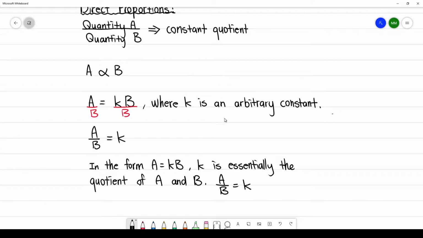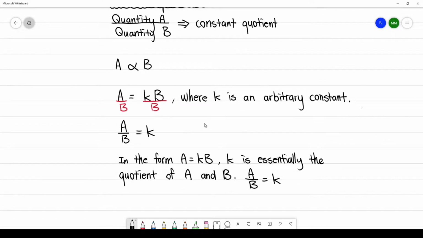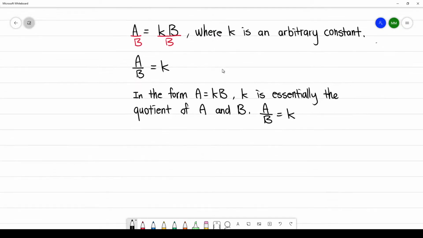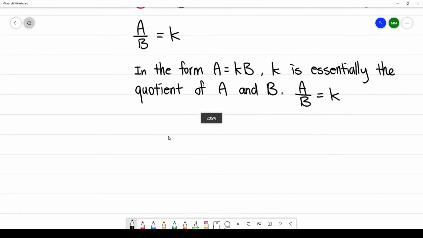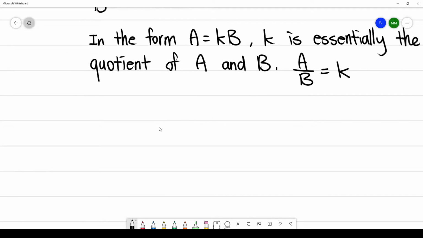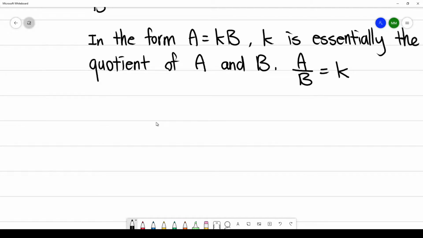So even though you just saw a new way to represent direct proportion, what it means is the same thing. A divided by b always remains constant, a constant quotient. So now, how do you recognize a direct proportion? This is helpful when you're doing questions.